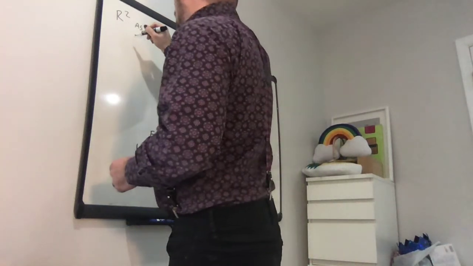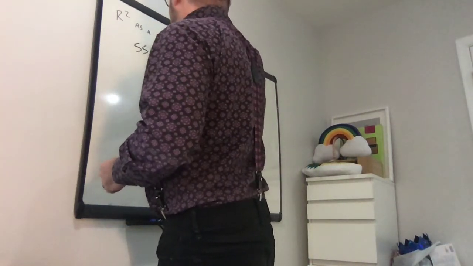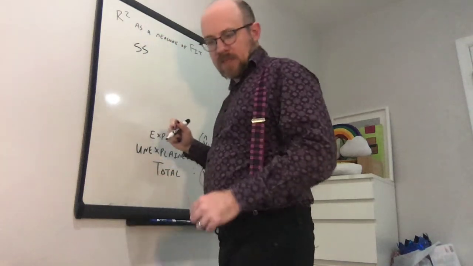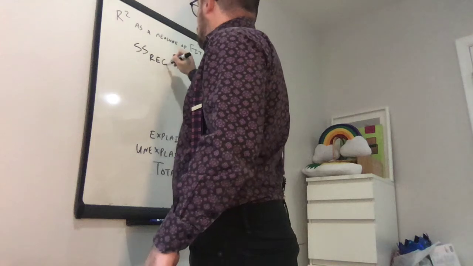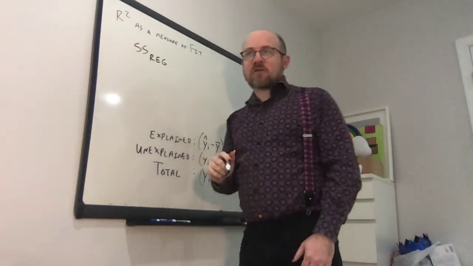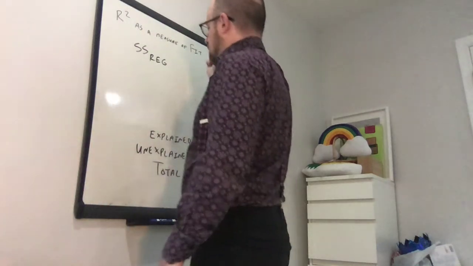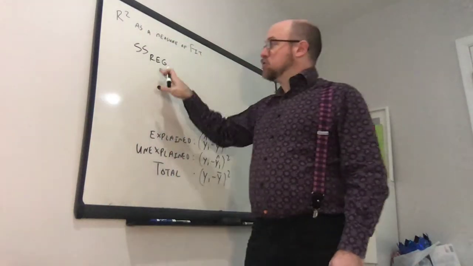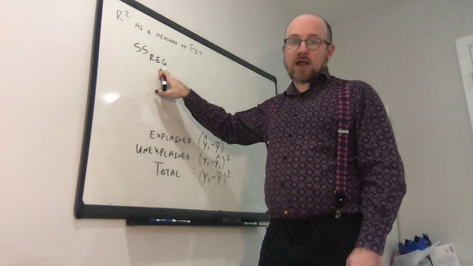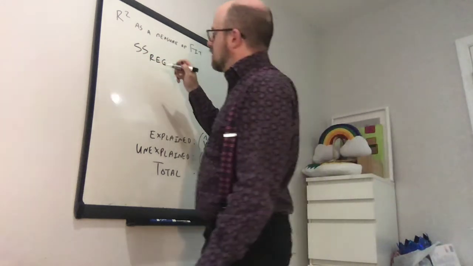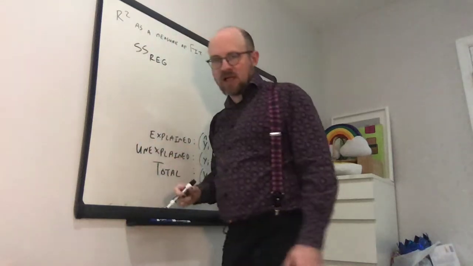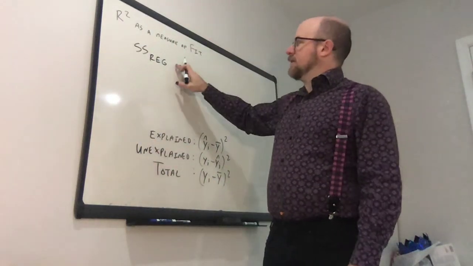So we're going to call it SS, and in this book they use SS reg. This is short for sum of squares. I don't have space to write this. This is short for sum of squares regression. So SS reg is sum of squares regression. I'll just say it and then write it down.